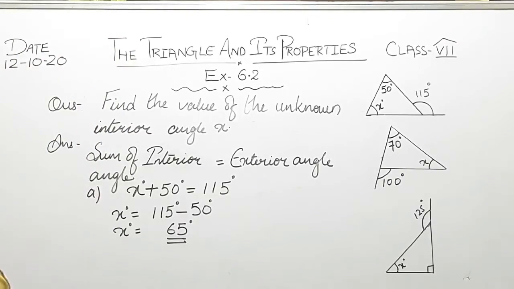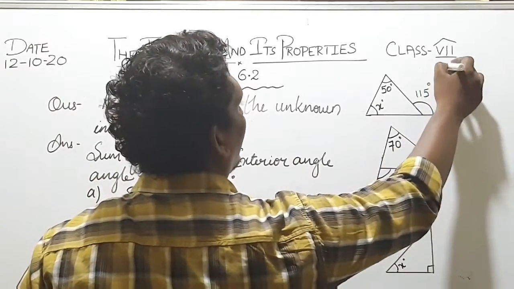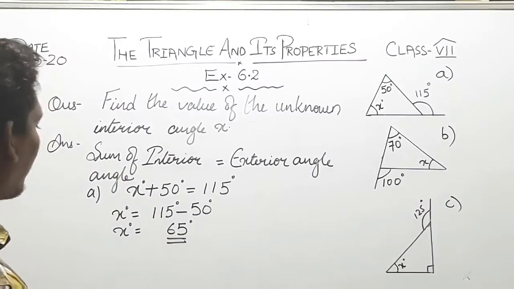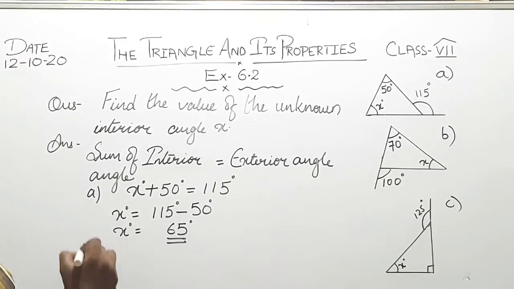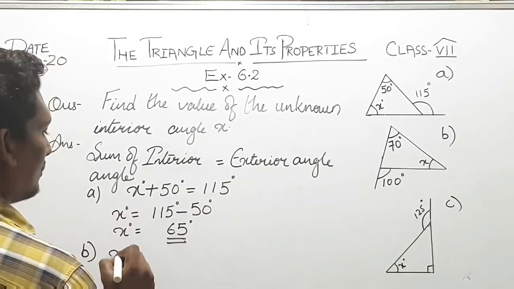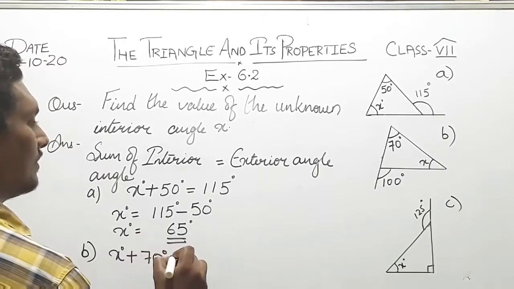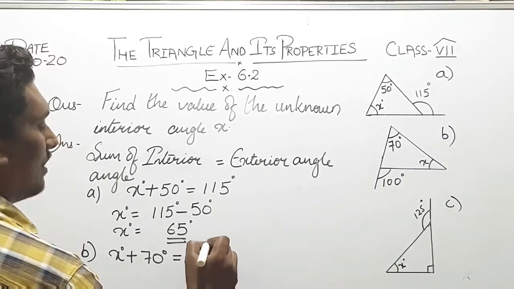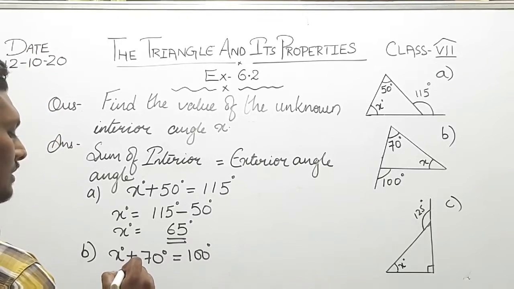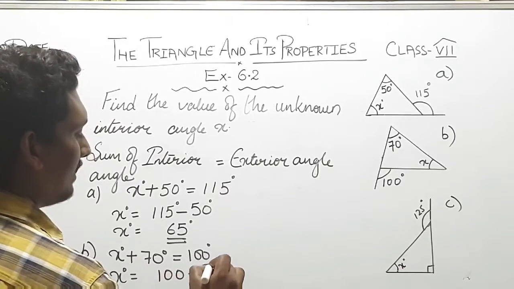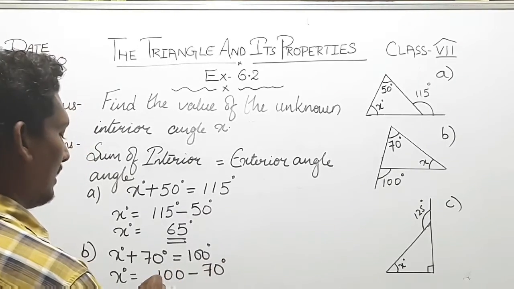Now come to the next one. I am writing A here, this is B and this is C. So for B, same thing: x plus 70 degree is equal to 100 degree. So x is equal to 100 minus 70 degree.